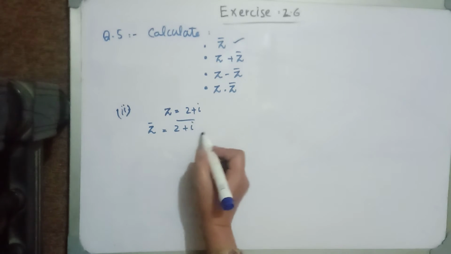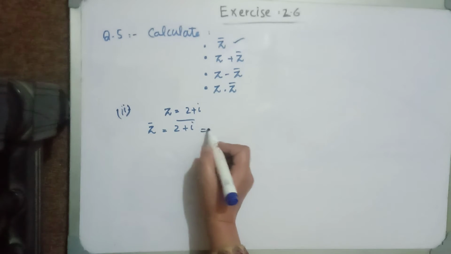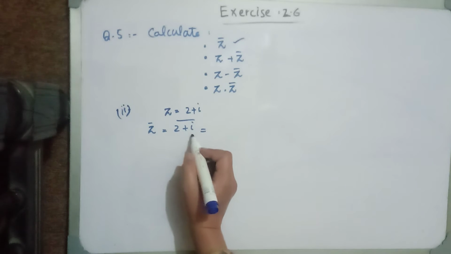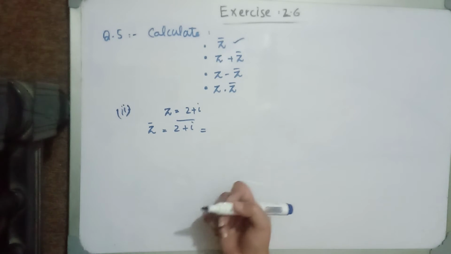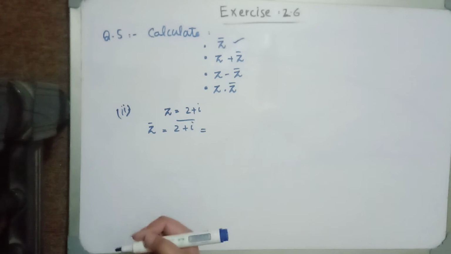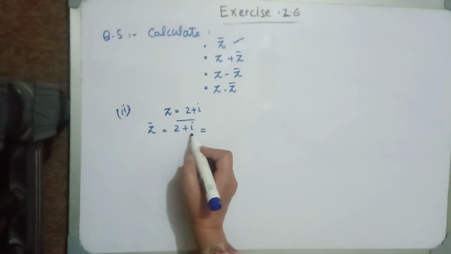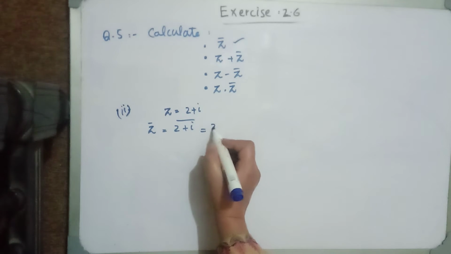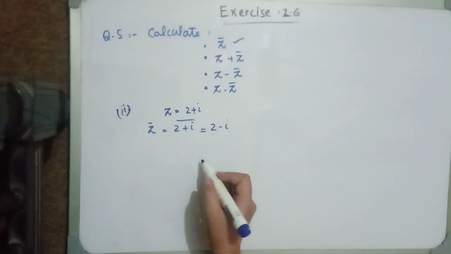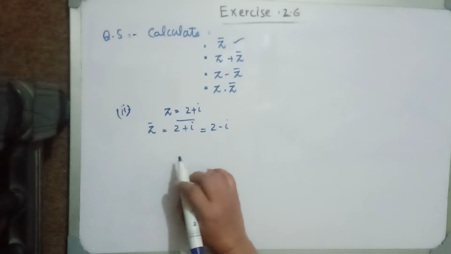When I apply it, the imaginary part turns negative if it's positive, and if it's already negative then it will become positive. Here iota is plus, and when I take the conjugate it will become 2 minus iota. The real part will remain as it is.